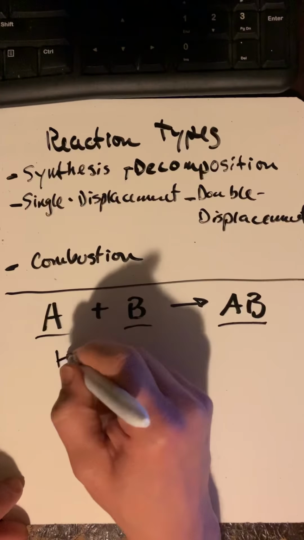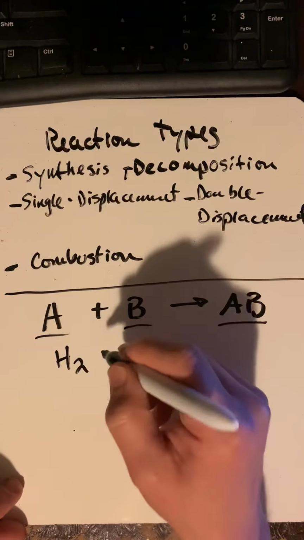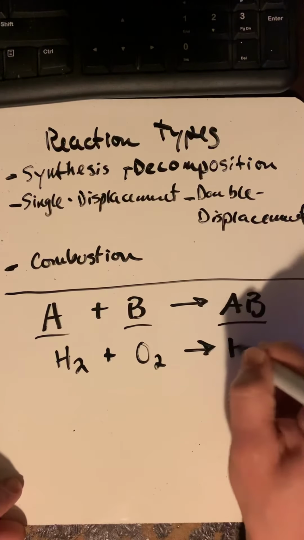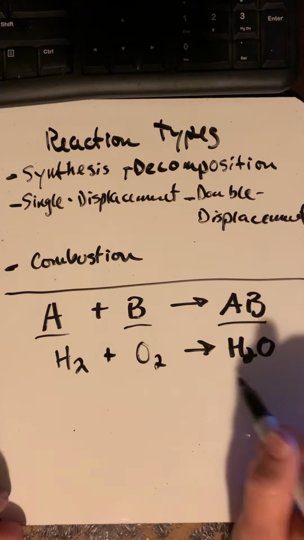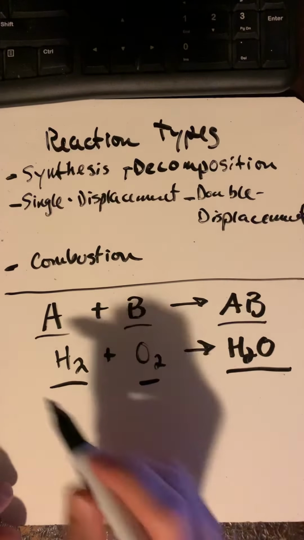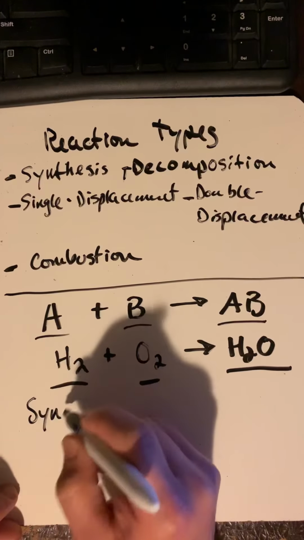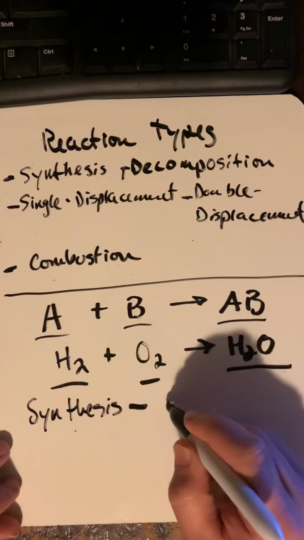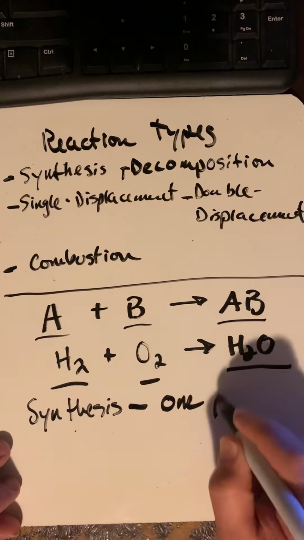So for example, if we had a reaction like hydrogen combines with oxygen to form water, because there's one product here and more than one reactant here, the only type of reaction it could be would be synthesis. So for synthesis, look for one product.